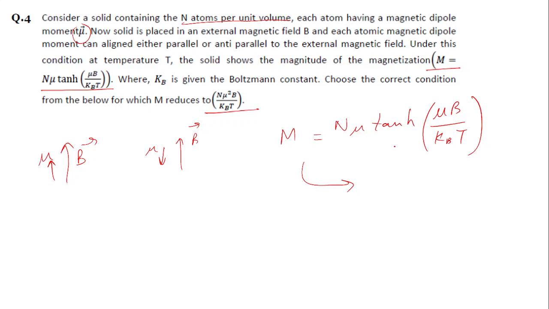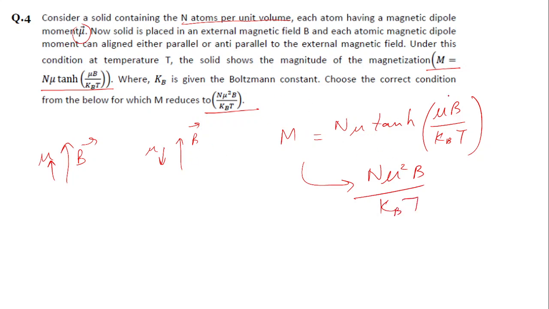We always take, if the denominator is very small, then it will become this, or if something is going to infinity, then it will become 0, all those kinds of situations. So for which of those conditions will the M given by this reduce to n mu square B divided by kBT? This was what was asked in this question.